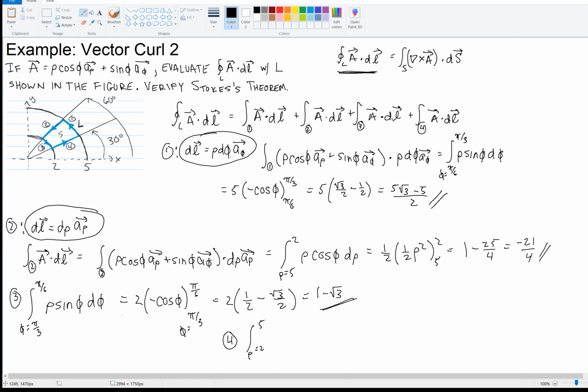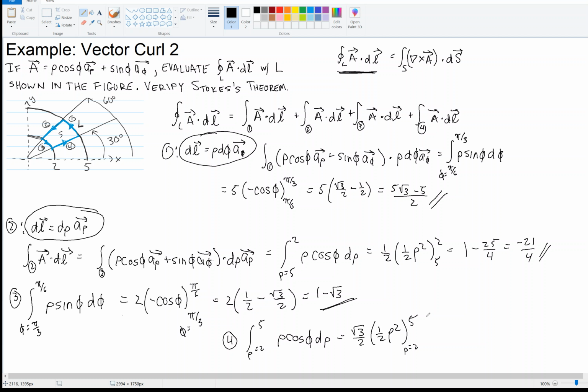When I take A dot dl, just like we did in segment 2, I get rho cosine phi d rho. Here cosine phi is constant, and phi is 30 degrees, or pi over 6, so that is the square root of 3 over 2 times the integral of rho, which is 1/2 rho squared, where rho goes from 2 to 5.